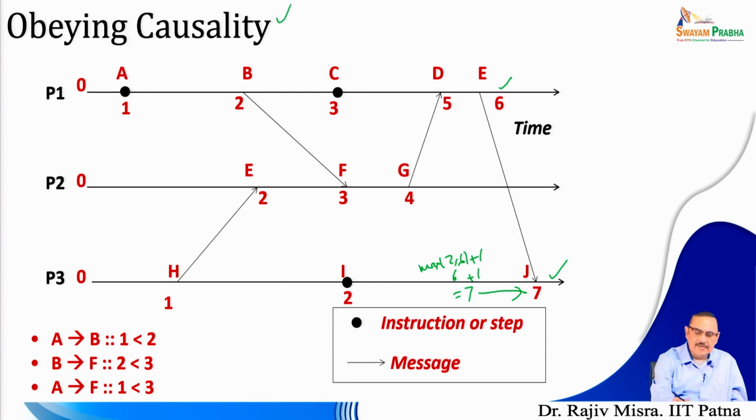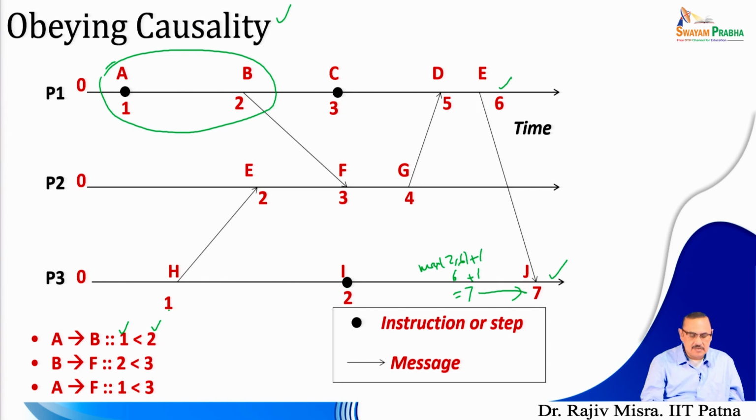So, let us see what we are going to conclude here by obeying the causality. If A happened before B, that means the clock value of A is less than the clock value of B. So, that is satisfied. When B happened before F, this means that the clock value of B, which is 2, is less than 3, that is also obeyed, that is, it is obeying the causality.